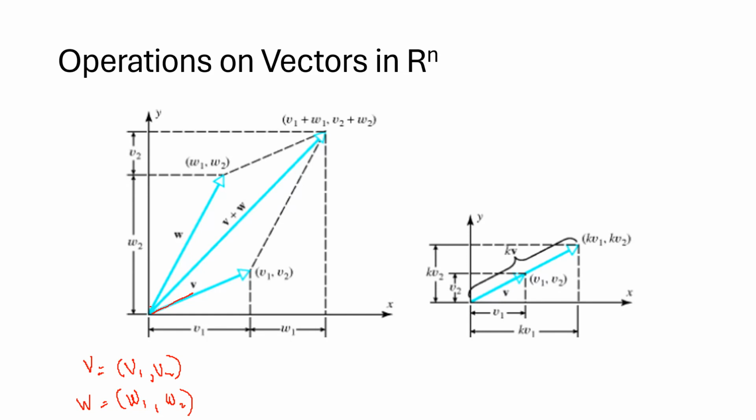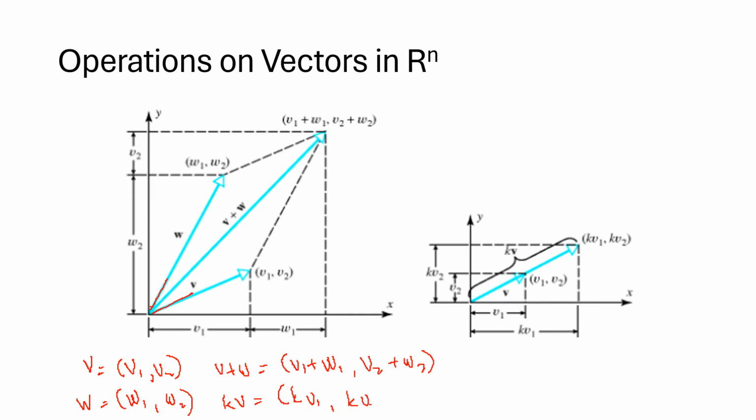So with that, v plus w would be (v1 plus w1, v2 plus w2), and our kv is equal to (kv1, kv2).